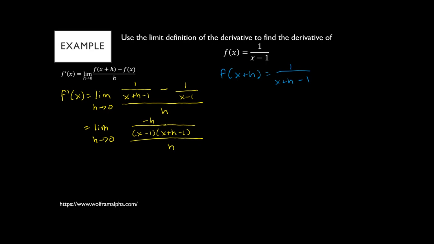And when you do that, if you're just dividing by h, that can just go on here, because if you're dividing and then you're dividing again, they're just all in the denominator. And so you can see that then your h's cancel out. And so we have the limit as h goes to 0 of negative 1 over (x minus 1)(x plus h minus 1).